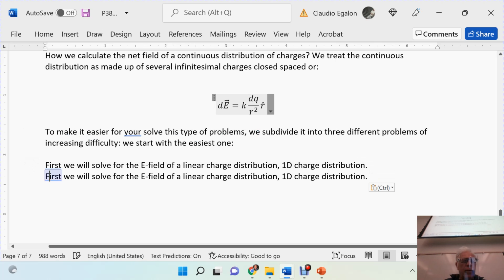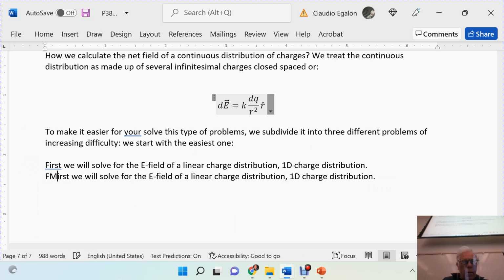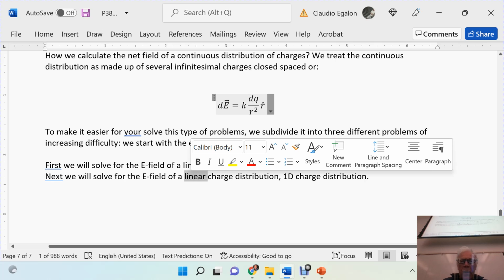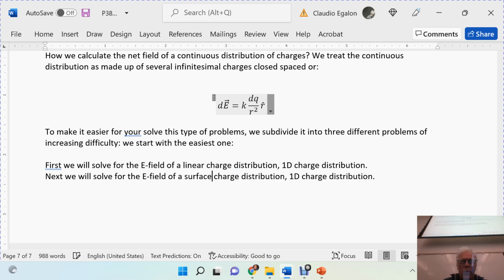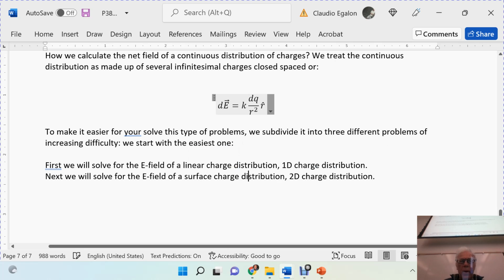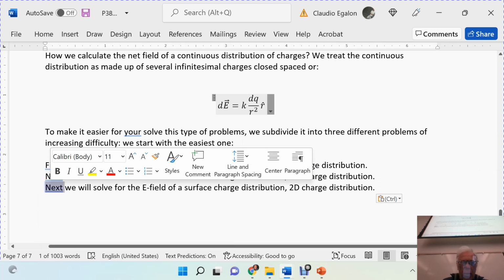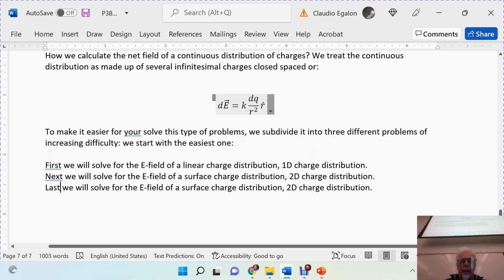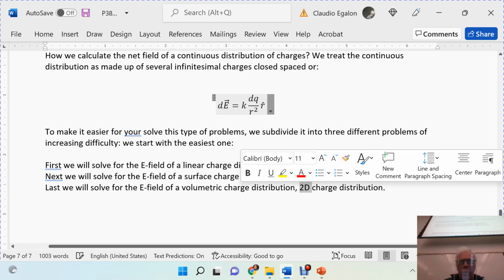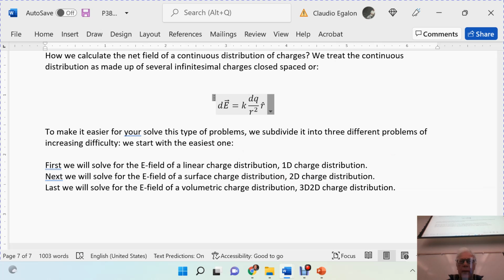Then, next, it's the field of a surface charge distribution, 2D. And last, we solve for the electric field of a volumetric charge distribution, 3D.